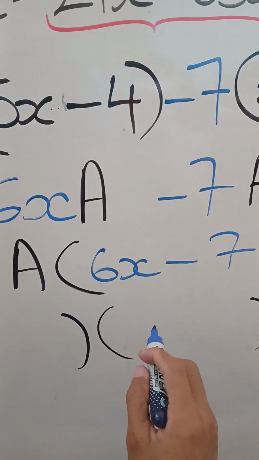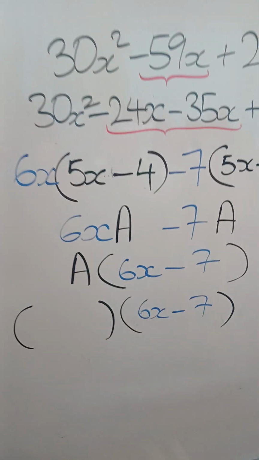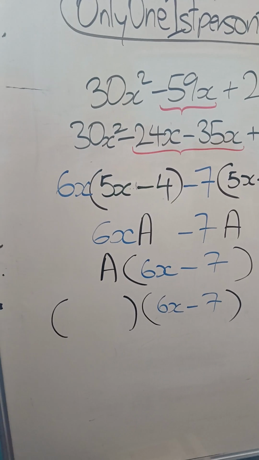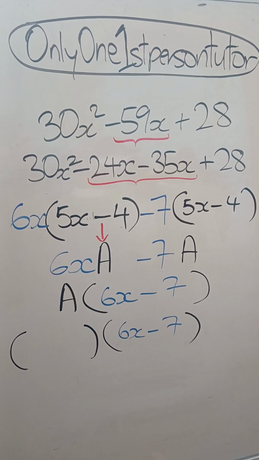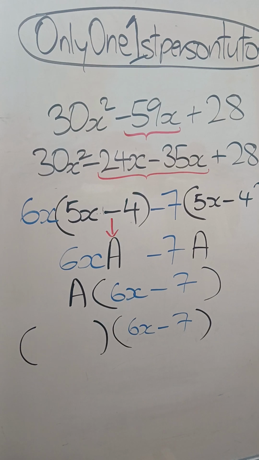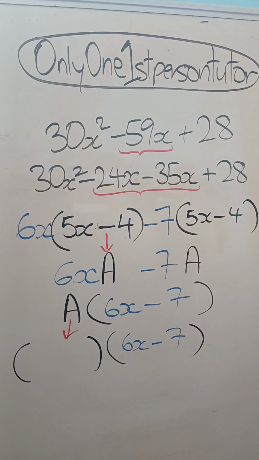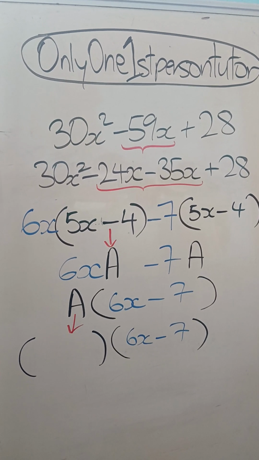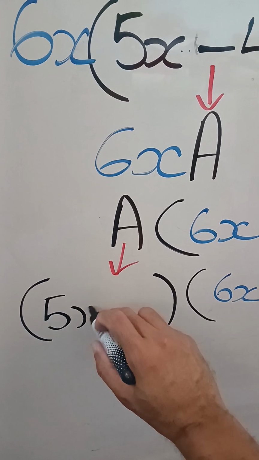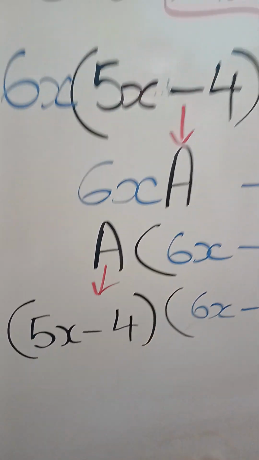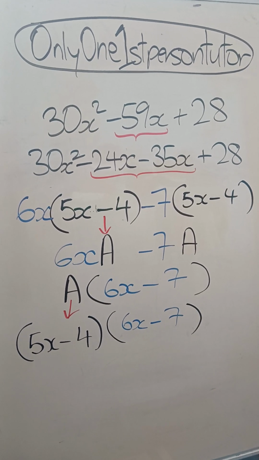So let's do that. All right. And then what do we put below the a? Well, since we know the 5x minus 4 is a, now we're going to replace the 5x minus 4 with a. Yeah? So let's put it down there now. All right, so that should be it. There we go. And that is your solution for all of this.